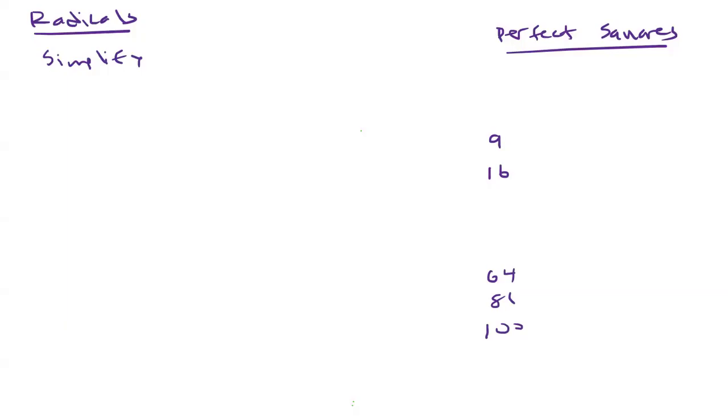Perfect, right? So 1 times 1 will give us 1, right? 2 times 2 will give us 4. 3 times 3, right? Will give us 9. 4 times 4 will give us 16. Okay, then we have 25, 36, right? 5 times 5, so on and so forth.